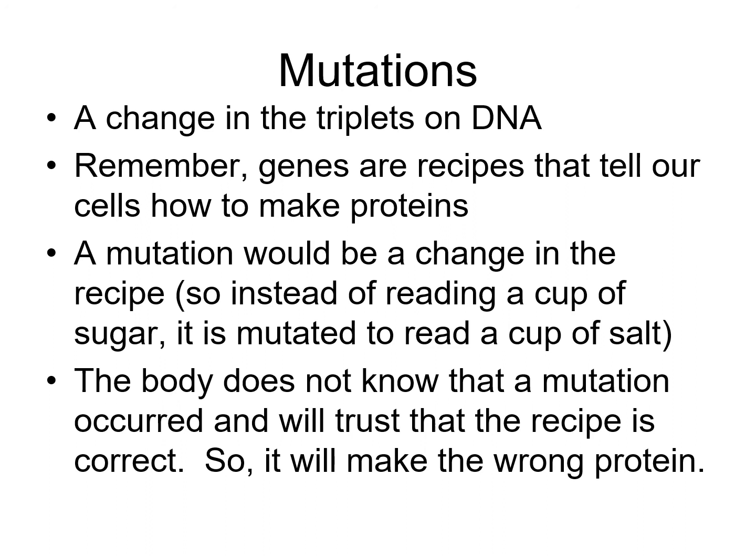Something like diabetes is a gene mutation. Hemophilia is a gene mutation. When we have chromosome mutations, entire chapters of a cookbook are messed up. Something like Down syndrome or Huntington's disease. So what we're going to look at today are what are called gene mutations.